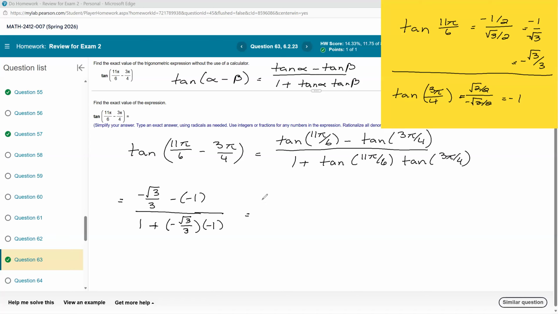And we'll end up with a negative square root of 3 over 3 plus 1 over 1 plus square root of 3 over 3.